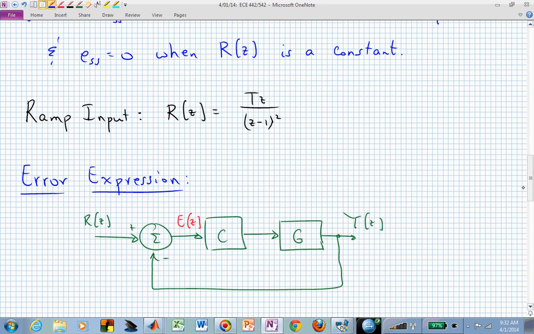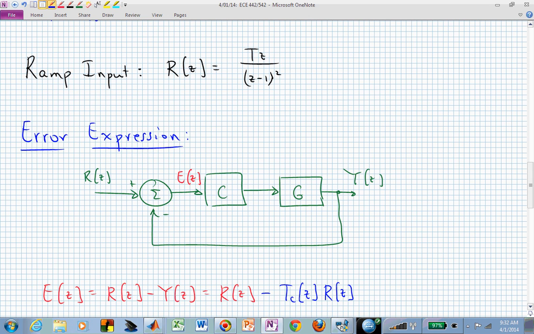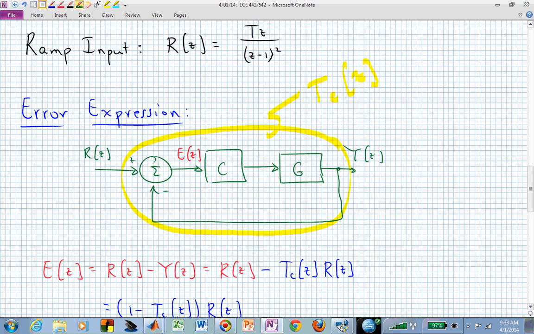The error expression, just as a reminder, in our standard block diagram with unity output feedback: E is the difference between our reference input signal R and the output Y. Because of its relationship with R, we know that the transfer function between the reference input R and the output Y is our desired closed-loop transfer function, capital T sub C of Z. That's why in blue we can replace Y with T sub C of Z in our error equation.